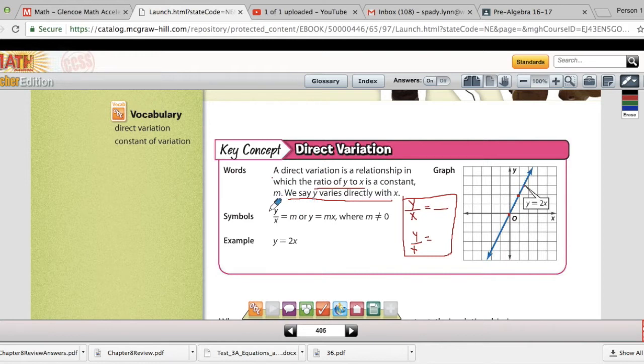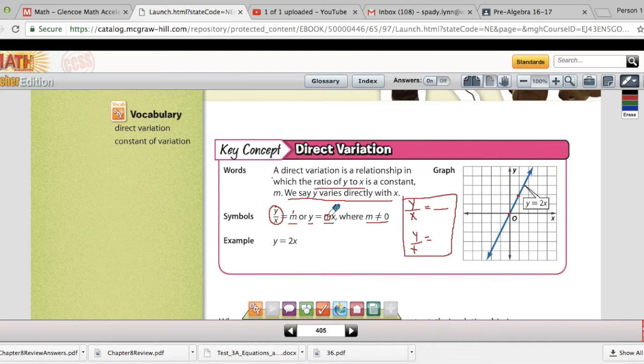And when we take y divided by x, we get what's called the slope, the m, or y equals mx. If m right here was 0, then we would not have a direct variation, because m cannot equal 0.